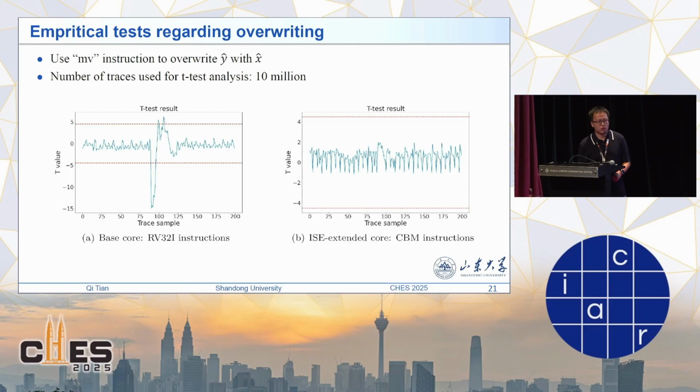First, to verify our design can address the transitional leakage in registers, we use the MV instruction to overwrite Y hat and X hat, and carry out t-test analysis. The number of traces used for t-test analysis is 10 million. As shown in the figure, when using our CBM instructions, all t-test values remain below 4.5.